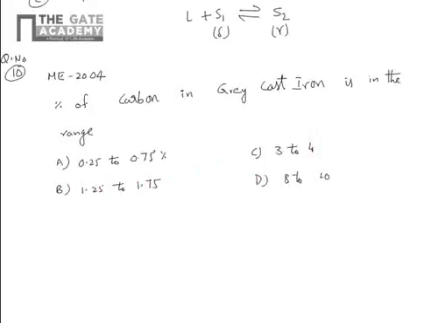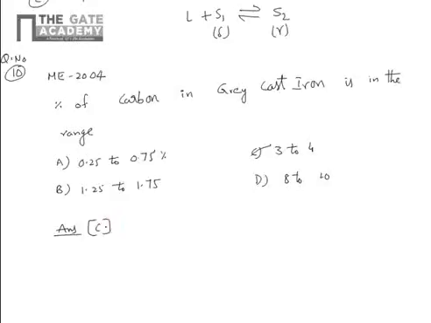If you look at the options, grey cast iron has more than 2% carbon, so A and B are not the answers. But the maximum percentage is 6.67, so D is not the answer. Answer is C. Like these, they ask simple questions in GATE on percentage of carbon.